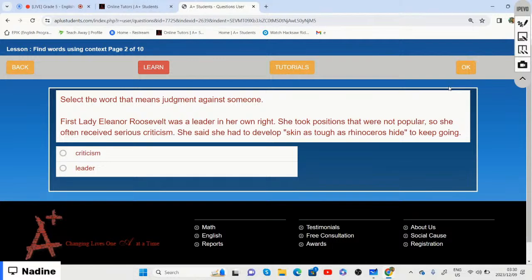So she received serious criticism, and she said she had to develop skin as tough as a rhinoceros hide to keep going. So the word that means judgment against someone, is it criticism or a leader? Do leaders judge, or is judgment against others criticism?